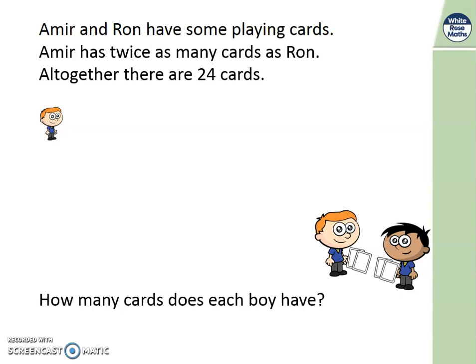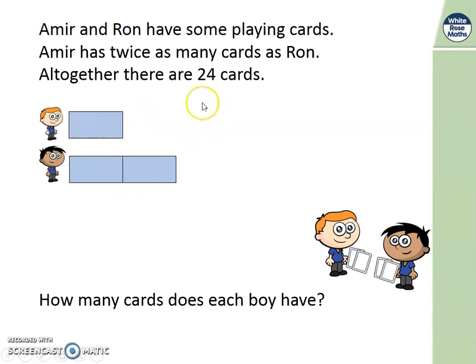So here is Ron. Here's his piece. And here is Amir. He has twice as many, so I need to draw 2 pieces on my bar model. Altogether, this piece and this piece and this piece makes 24. We record it like this.